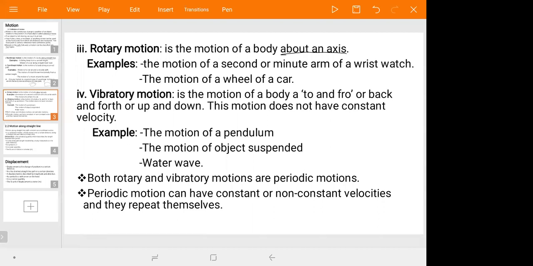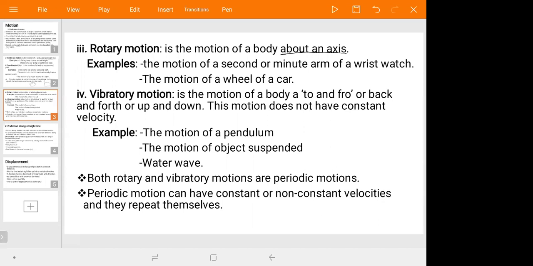Another example is the motion of the wheel of a car, which again rotates about an axis. Therefore, the motion about an axis is what we call rotary motion.